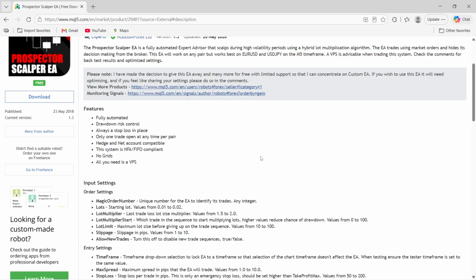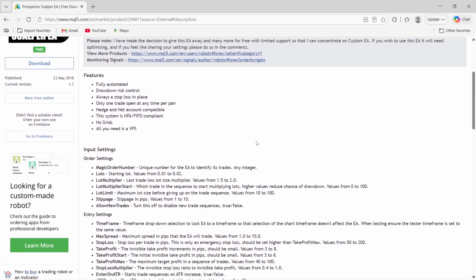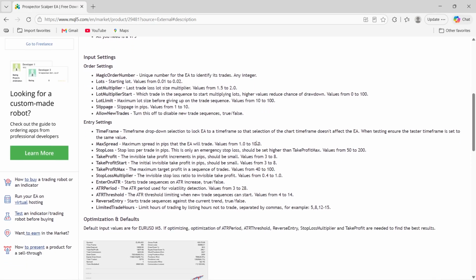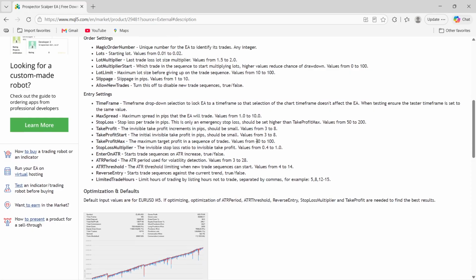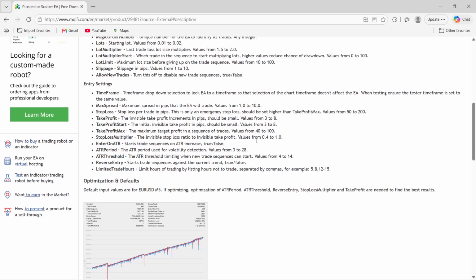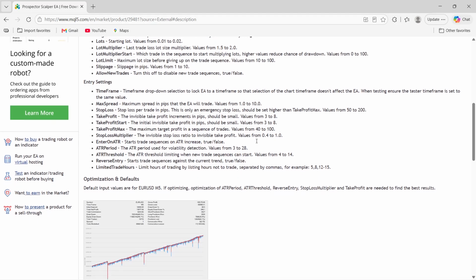Alright, so the core idea is catching bursts of volatility. It has an ATR based filter, with ATR period and threshold settings, so it only starts trade sequences when volatility expands beyond a certain level. Entries can go with the trend or against it if you flip the reverse entry option on.